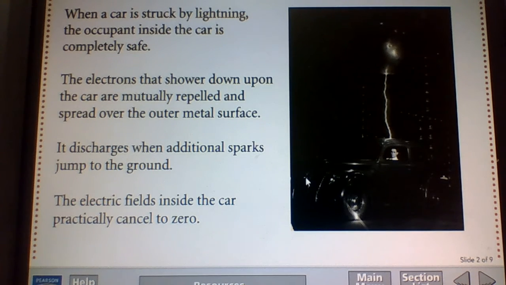But one of the safest places you can be in a thunderstorm is in your car, for a couple of reasons. One, the car provides shielding. The rubber in the tires is also an insulator, so it doesn't allow grounding to happen very easily.